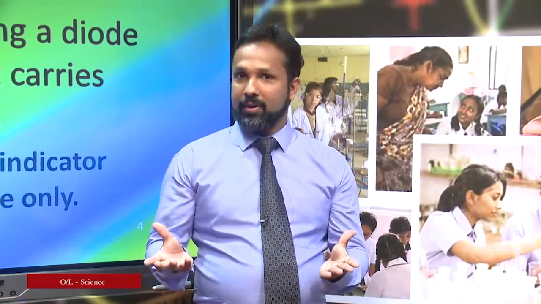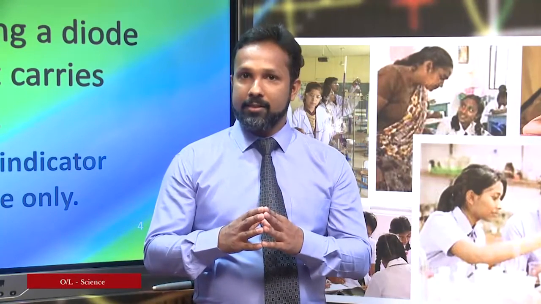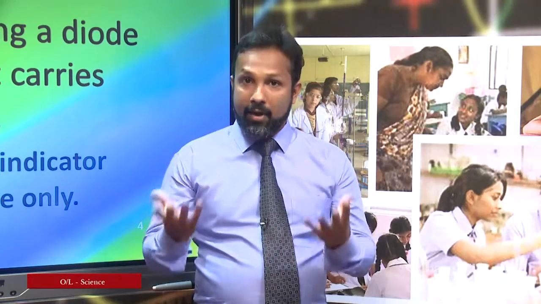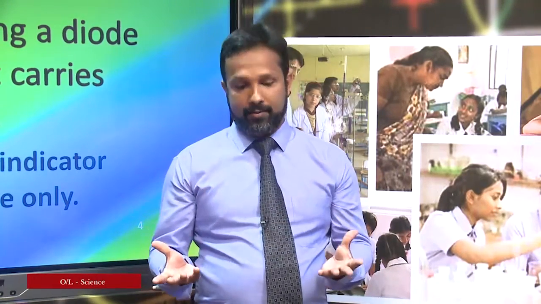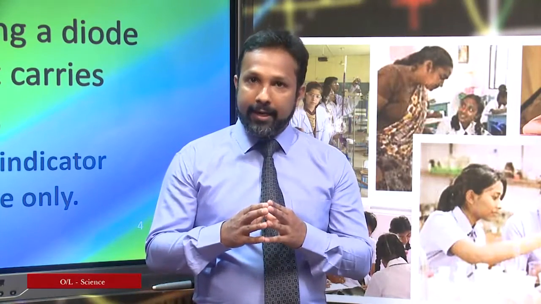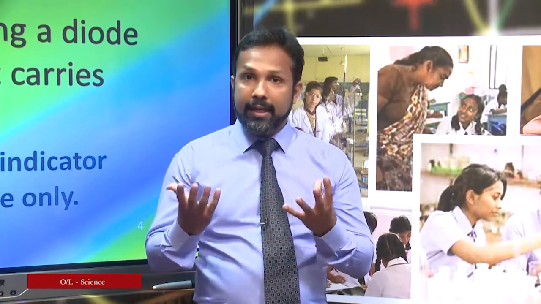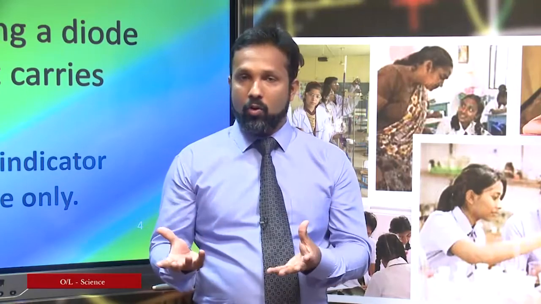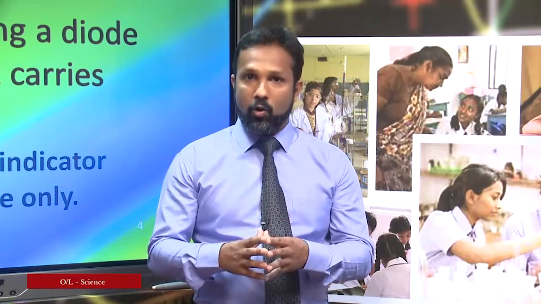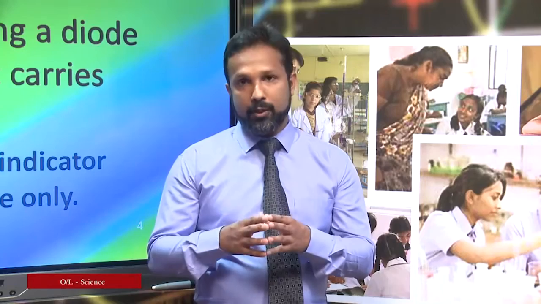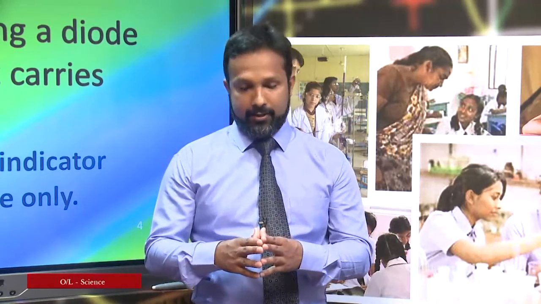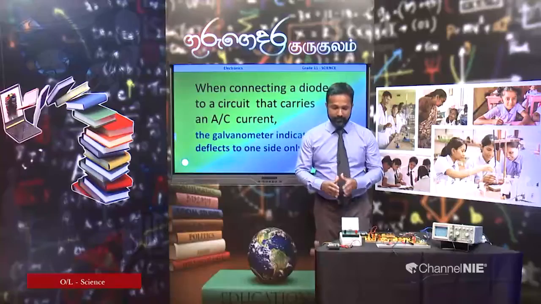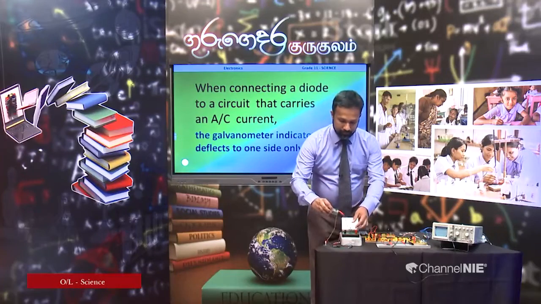And you can remember a dynamo is a device which generates an alternating current. Now I am going to connect the alternating current dynamo to a diode. Then we can observe the changes that take place in the direction of current. Let's do this activity.